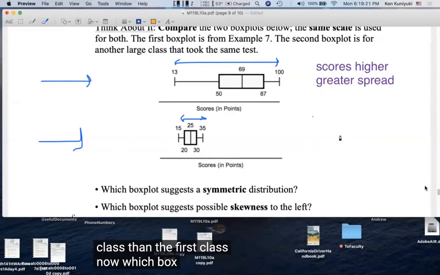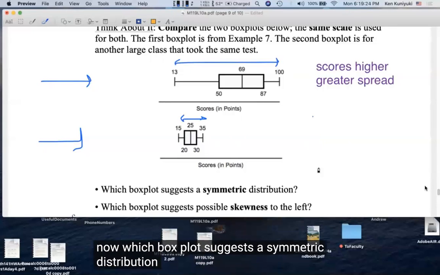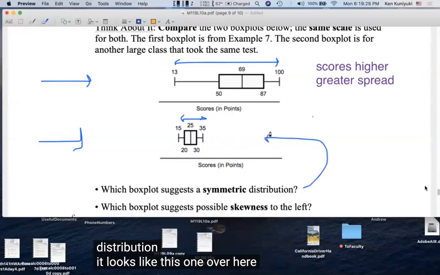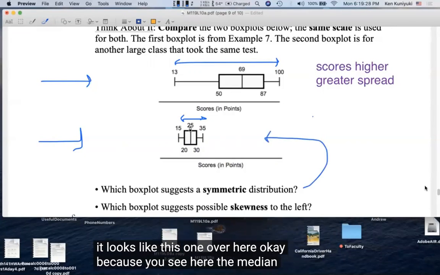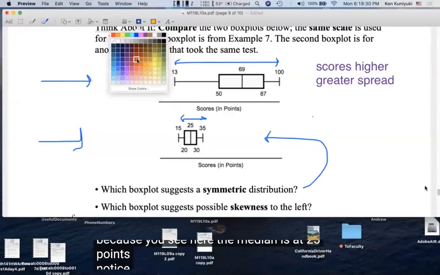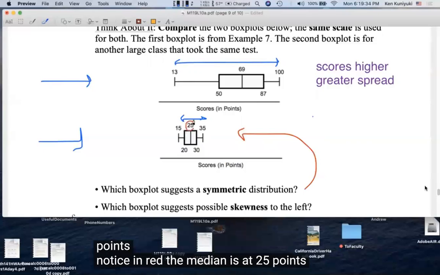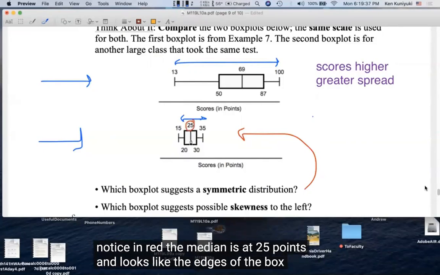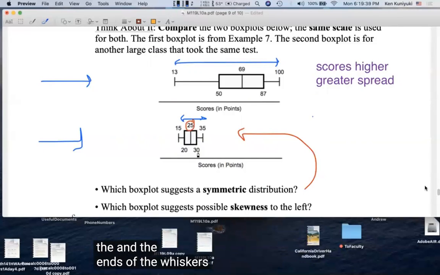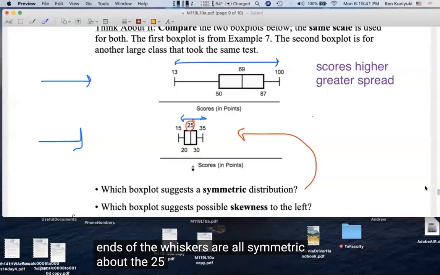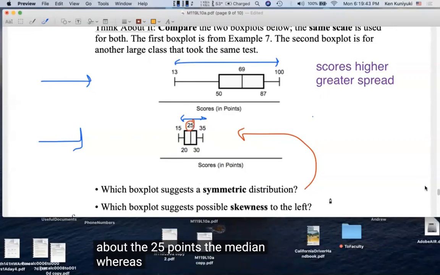Now, which box plot suggests a symmetric distribution? It looks like this one over here. Because you see here, the median is at 25 points, and it looks like the edges of the box and the ends of the whiskers are all symmetric about the 25 points, the median. Whereas here we have some skewness.